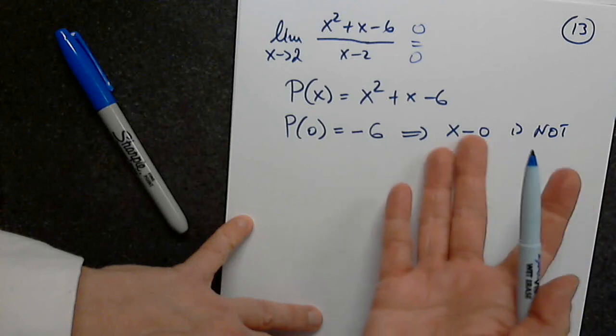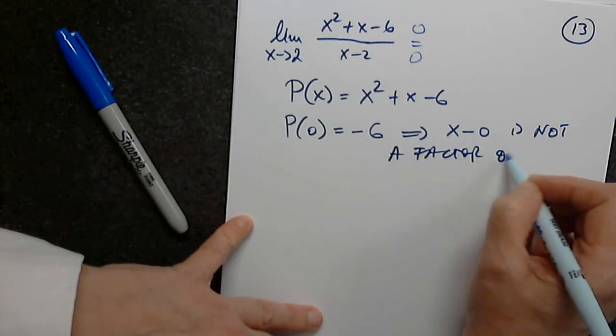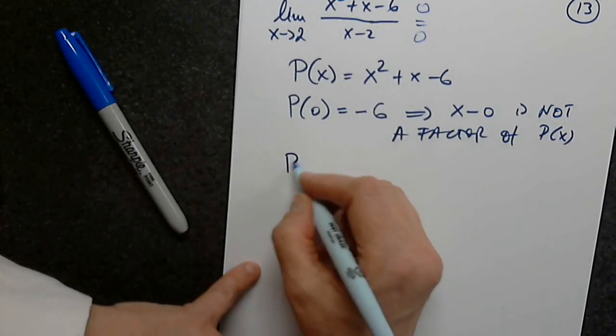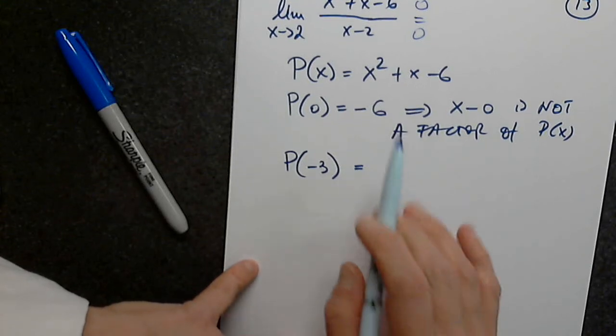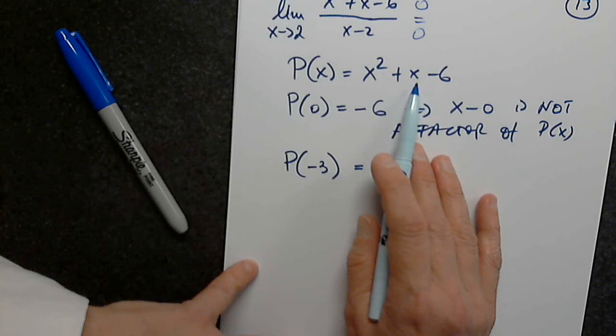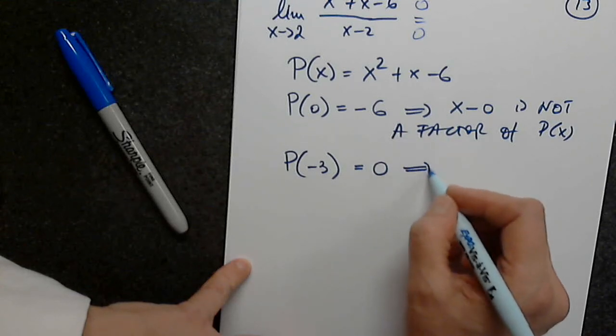Of course, x, I don't need to put minus 0, is not a factor of p of x. Now I want to plug in negative 3. What do I get? 9 minus 3, 6. Minus 6 is, what does that mean?